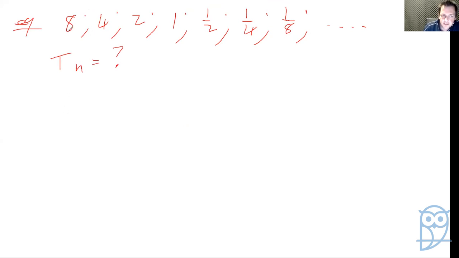Well, I can see if I check subtraction, if it's a linear, I'm minusing 4, minusing 2, minusing 1, minusing a half, minusing a quarter. That's not going to be a linear. If you do it again, it's not going to be constant. It's not a quadratic. But I see that each time I'm actually dividing by 2.